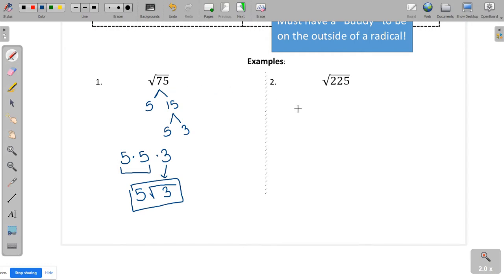Now let's look at the square root of 225. So what number goes into 225?